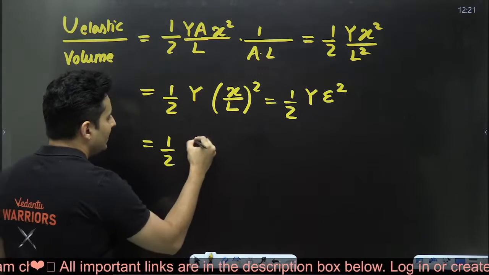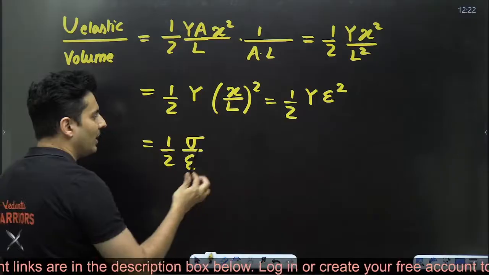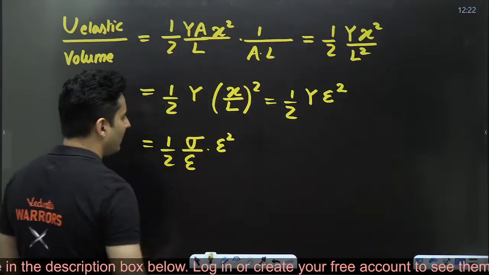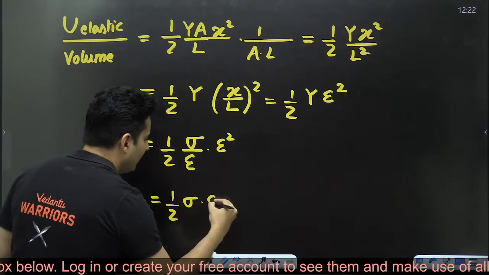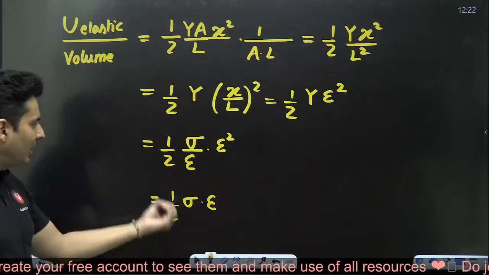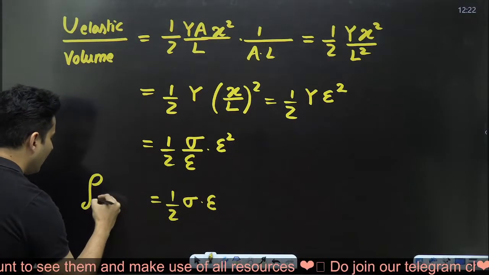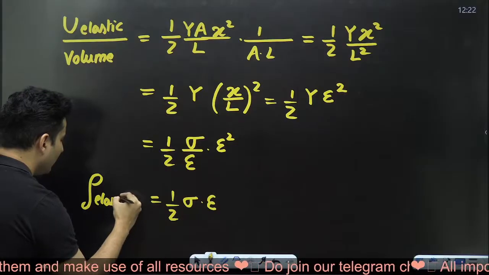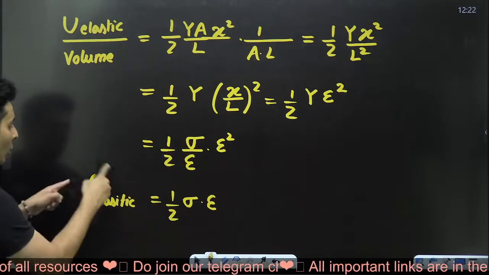But wait a minute. Young's modulus is actually stress by strain. So into strain square, one strain will cancel. I will get half stress into strain. So I got formulas which depend on stress and strain, and this is nothing but the elastic energy density, rho.